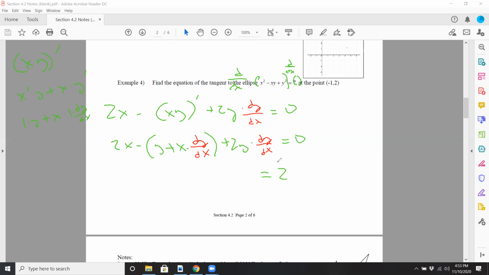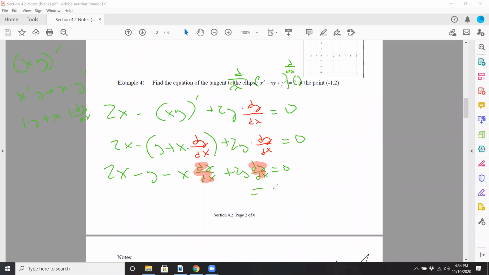Actually, let me backtrack a little bit. Let's just do it with that minus, and that parenthesis: 2x minus y minus x dy dx. I won't color coordinate anymore. Plus 2y dy dx equals 0. But again, I'll use a highlighter. You want to isolate the dy dx. So anything that doesn't have dy dx goes to the other side.